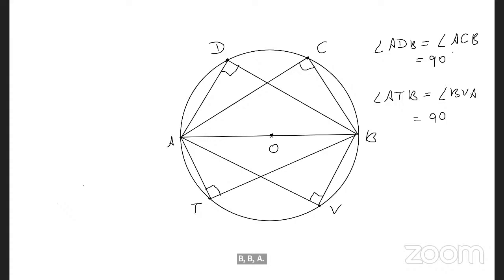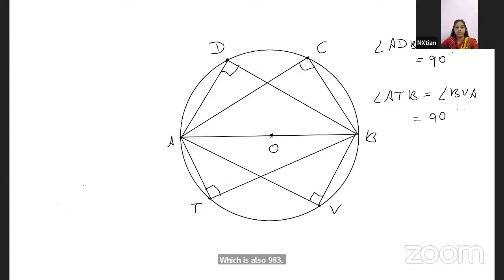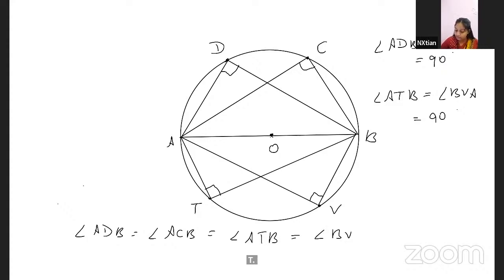So if we have the angles made with a triangle in both the semicircles, all of these angles will be equal to each other, that is 90 degrees. So we can write angle ADB equals angle ACB equals angle ADB equals angle BBA, which is 90 degrees.